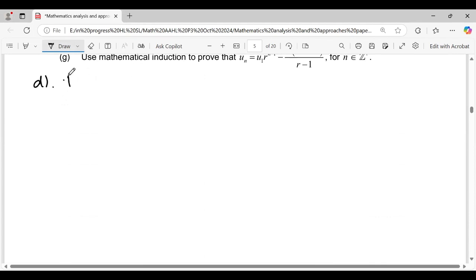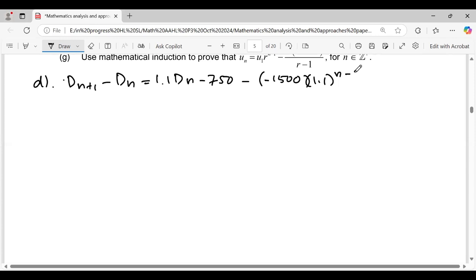Given the formula, Tn plus 1 minus Tn. Tn plus 1 is 1.1 Tn minus 750, minus Tn, which equals minus 1,500 times 1.1 to the power n minus 1, plus 7,500.